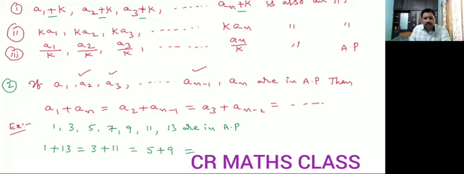What about this value? It is 14 or not? In the middle 7 is extra, so leave it. Have you understood the property? So if the sequence is in AP, the sum of the first and last term is equal to the sum of the second and second-from-last term, which is equal to the sum of the third and third-from-last term, like that.